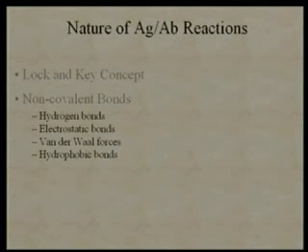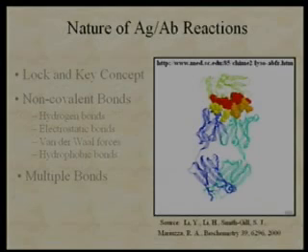Now, there are some consequences of the fact that they're non-covalent. One consequence is that, since non-covalent bonds are weak bonds, in order for an antigen and antibody to be able to stay together, there's going to have to be multiple interactions between the antigen and the antibody. What's depicted here is just the Fab fragment. You're seeing in the ribbon diagram the Fab fragment.